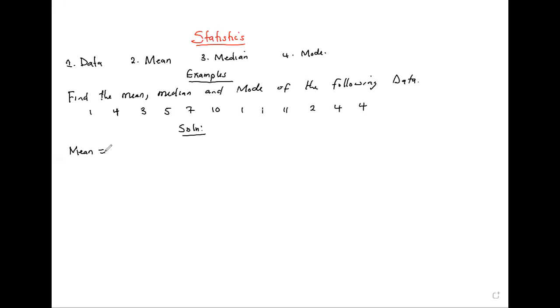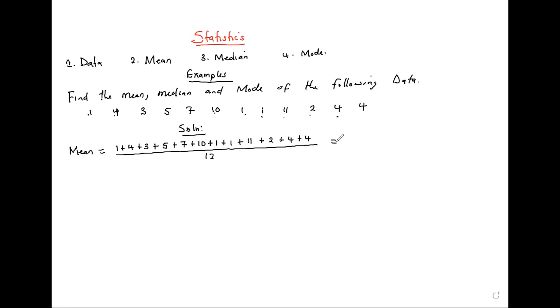So you add 1 plus 4 plus 3 plus 5 plus 7 plus 10 plus 1 plus 1 plus 11 plus 2 plus 4 plus 4 and divide by the total number of the numbers that you have. So we count them. 1, 2, 3, 4, 5, 6, 7, 8, 9, 10, 11, 12. So we divide by 12.